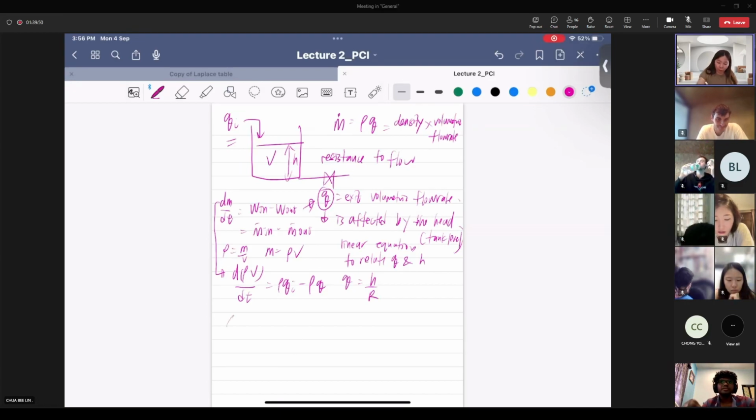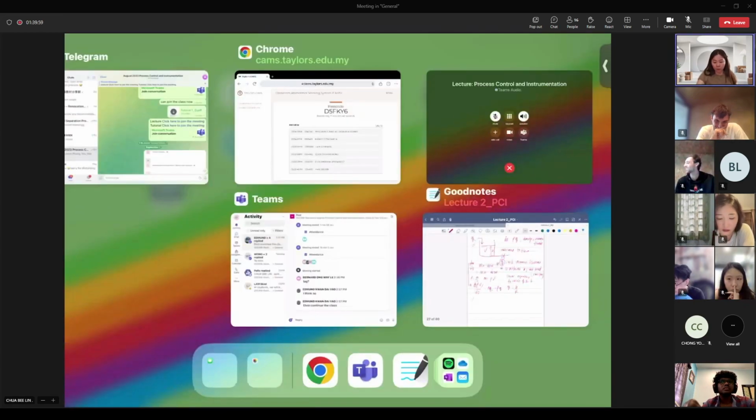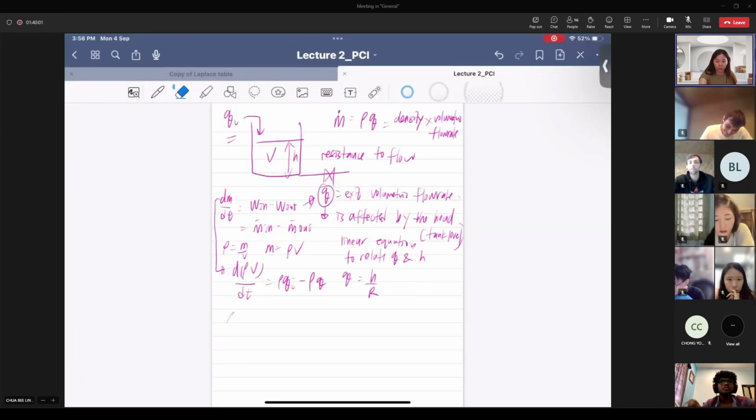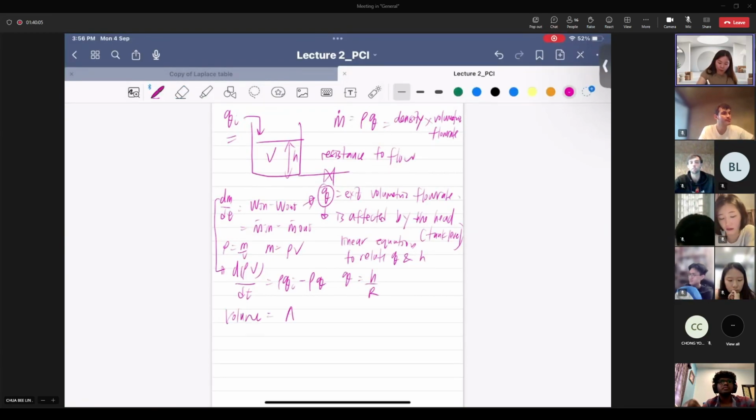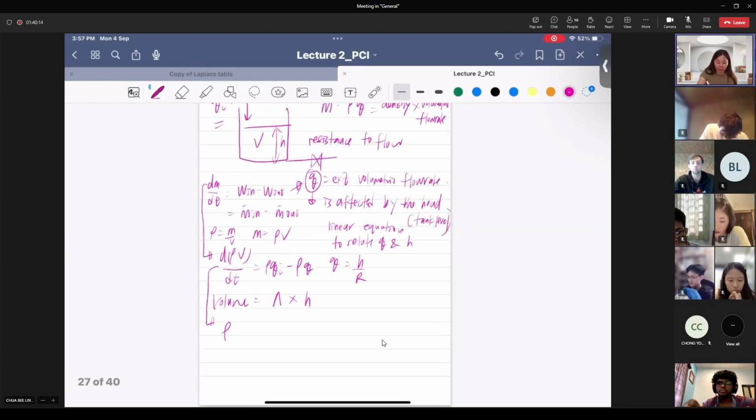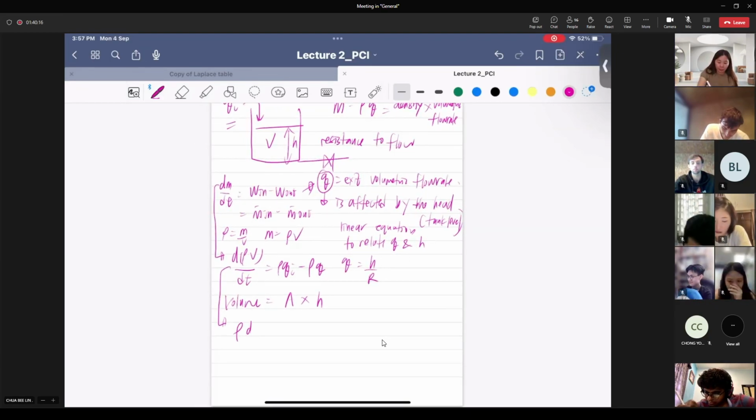So you expand the volume. Volume is the cross-sectional area multiplied with the tank level. In this case, density is constant, therefore you factorize it outside. Then A is also constant, so A will be outside also, then left with dH over dt.